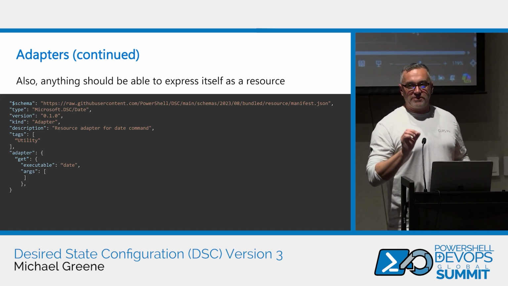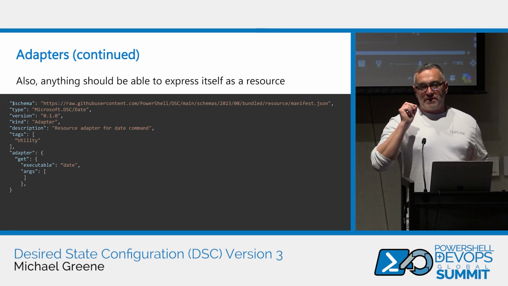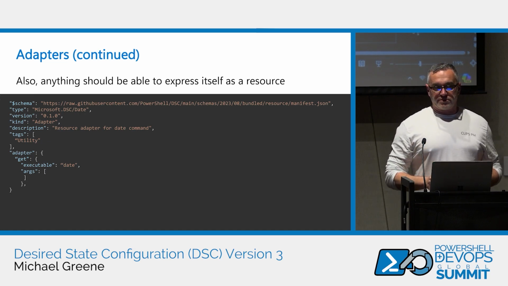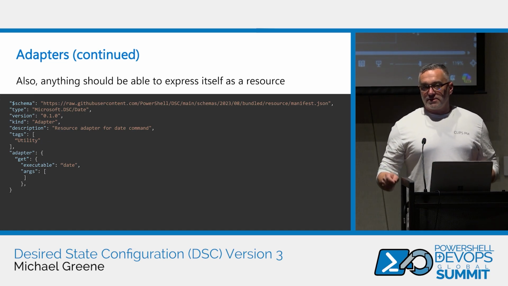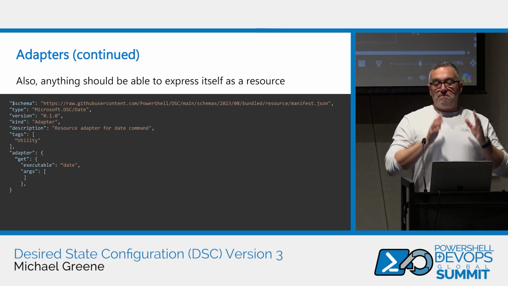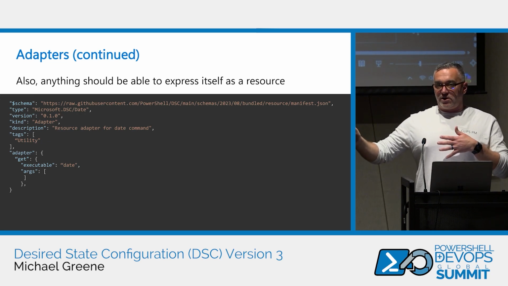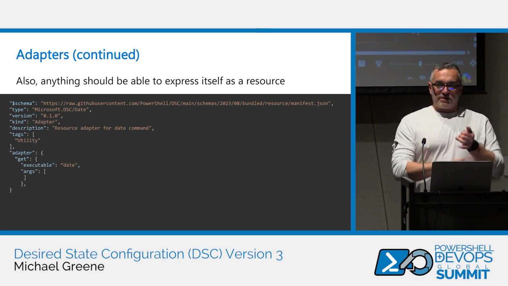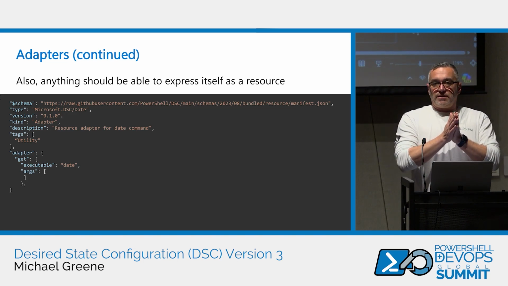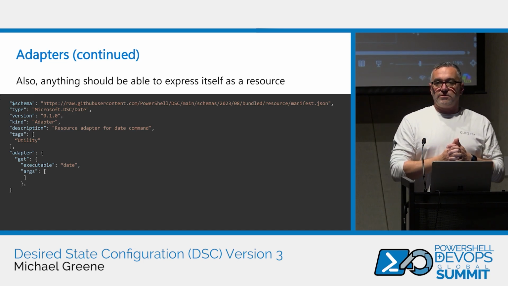The other part of adapters, besides solving PowerShell versioning, is the concept that anything should be able to express itself as a resource. Our hypothesis is that from about now going forward, most command line tools have the option to express JSON as the output format. And you've seen that in kubectl and AZCLI and the Amazon resource. Everything has a --format or --json option as a way to say output to JSON.